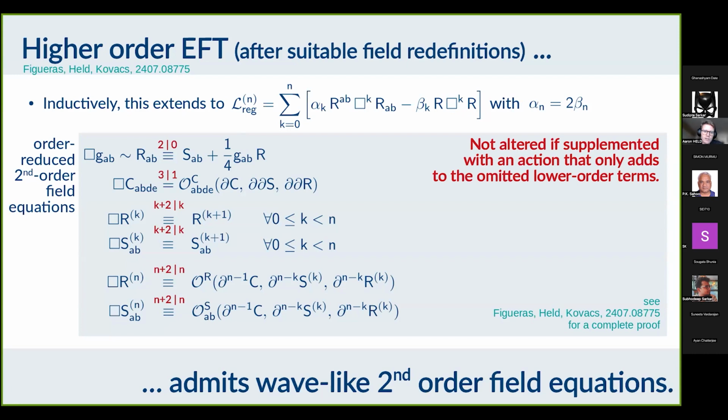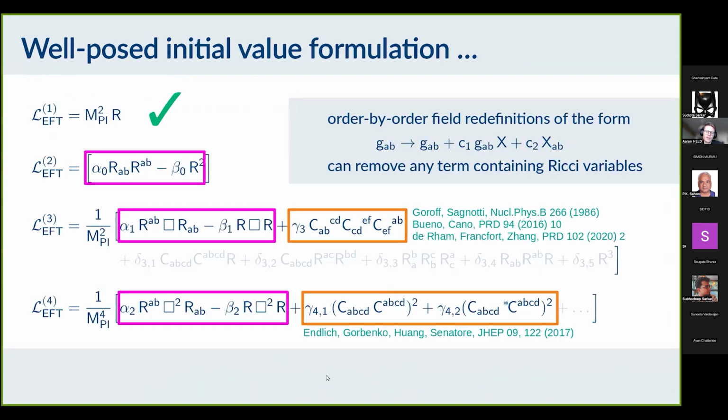All right, so with that, all of these regularized EFT field equations will admit second order well-posed form. And so indeed, GR was shown well-posed by Choquet-Bruhat, the second order form was shown well-posed by Noakes, and now the whole tower of EFTs in the regime of EFT is also well-posed. And the last thing that I want to highlight is that the proof really relies on dominating the principal part with highest derivative terms.